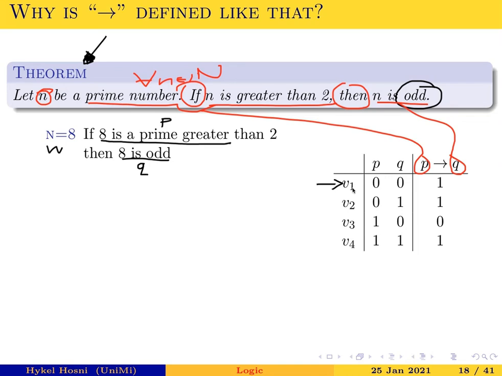We're describing this with V, which stands for valuation, which is exactly what defines the truth table. So the case n equals 8 is just one instance of V1, this row of the truth table. Antecedent is false, consequent is false. So we're actually plugging 1 in here because we know this is true.